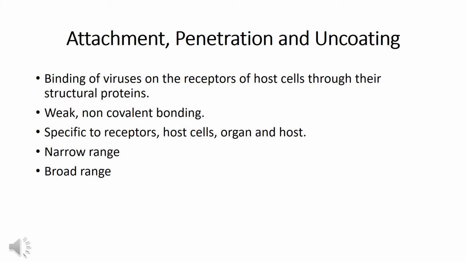With the point of host specificity, we have divided viruses into two types: narrow range viruses and broad range viruses. Narrow range viruses are those which can cause infection in only a few hosts, like poliovirus, which can infect only humans or some primates.